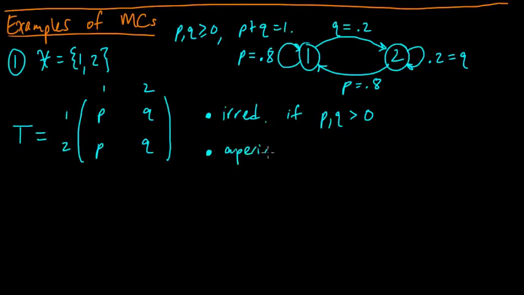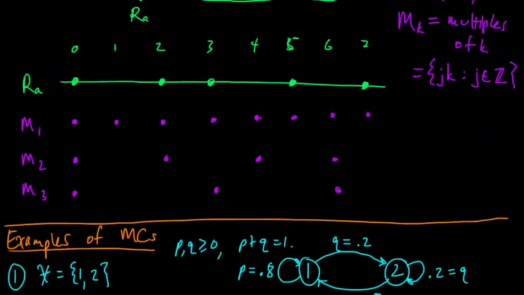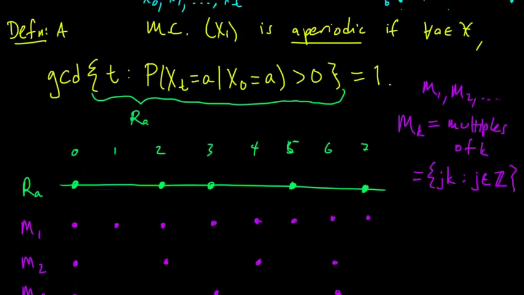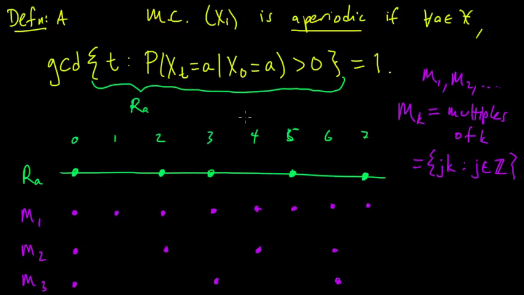And what about aperiodicity? Is it aperiodic? Well, let's think about what aperiodic meant. Aperiodic was that the greatest common divisor of this set of times at which we can return to state A, starting from state A, with positive probability, is 1.